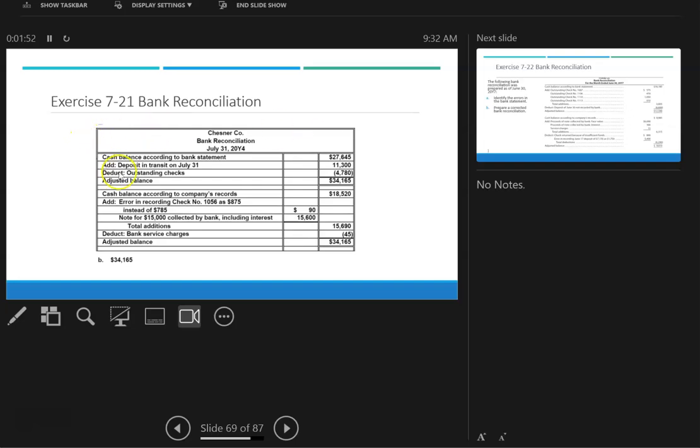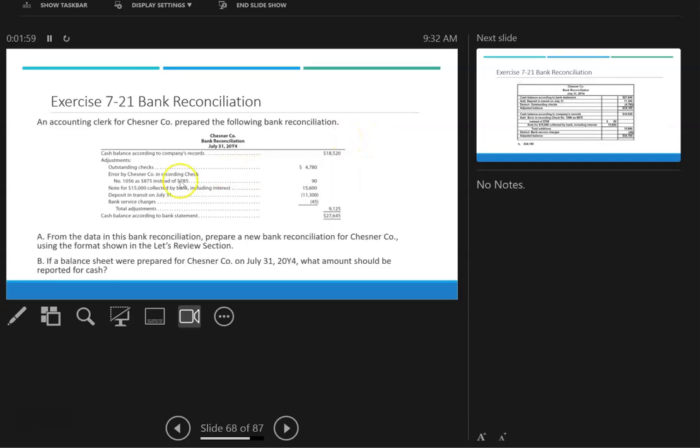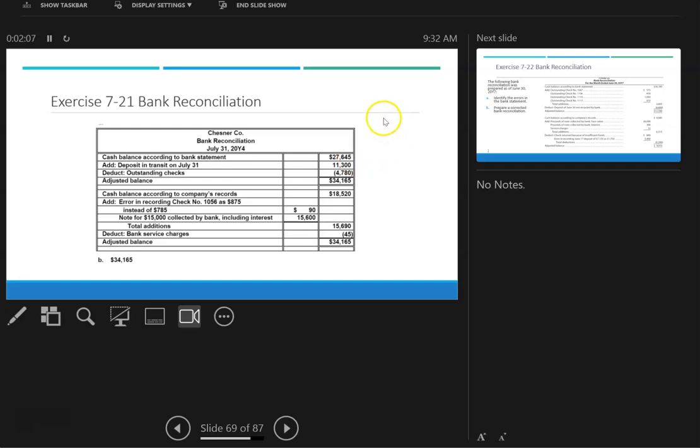And then we record outstanding deposits. We subtract outstanding checks. So over here, you see outstanding deposits, and we see outstanding checks. So we add our outstanding deposits, we subtract our outstanding checks to come up with an adjusted balance. Next, we show our cash balance according to the company. We show any errors, and we show any notes or any changes the bank did that we have not yet done.